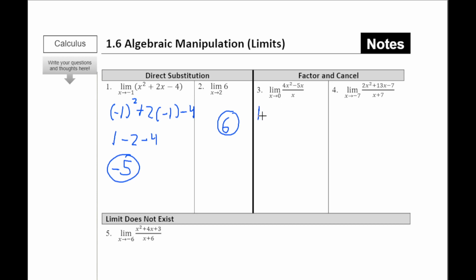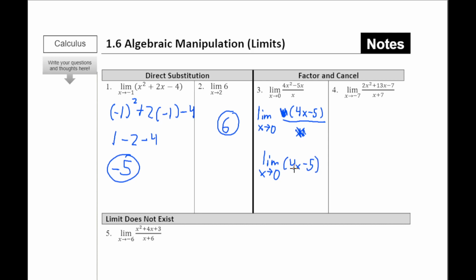If you recall algebra factoring, if you factored out the top, which is x times 4x minus 5, x times 4x is 4x squared, x times -5 is -5x, and on the bottom is still x. From here, you can see we can cancel out the x and the x. And then we're just left with limit as x approaches 0 of 4x minus 5.